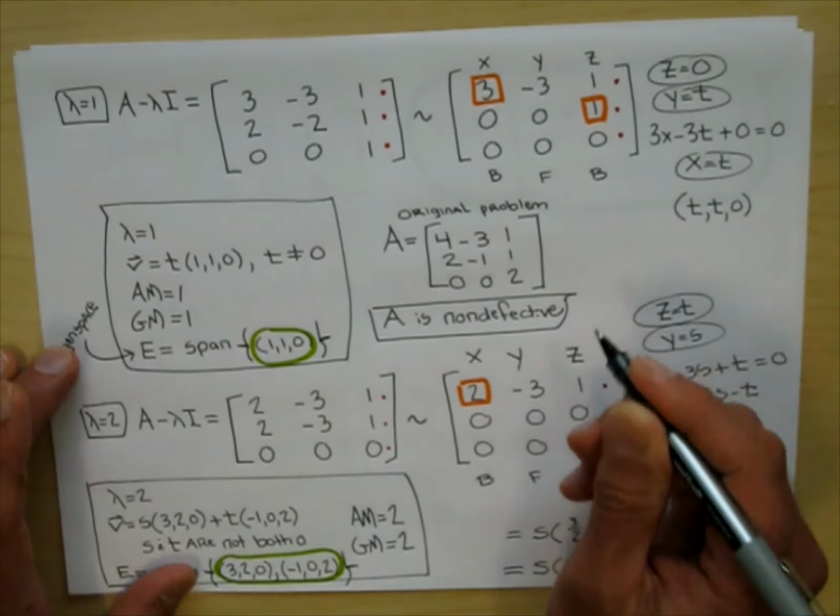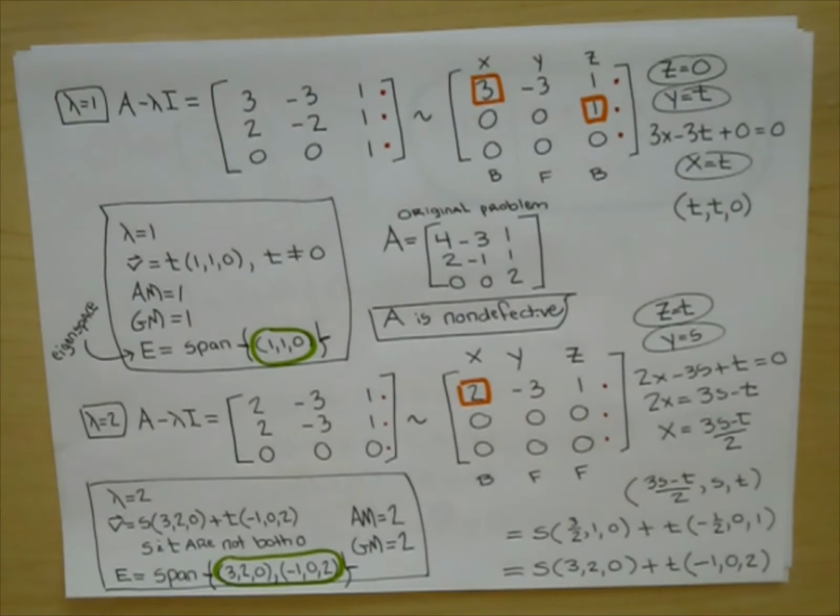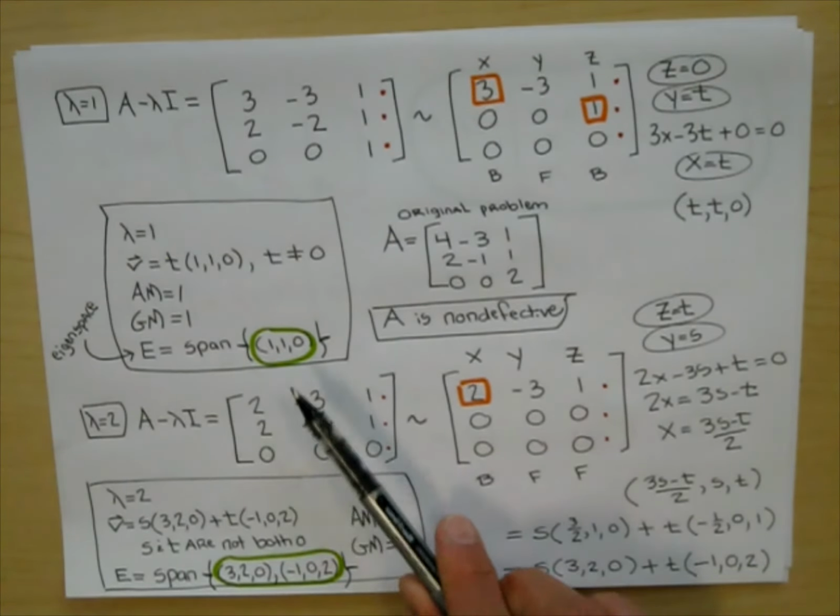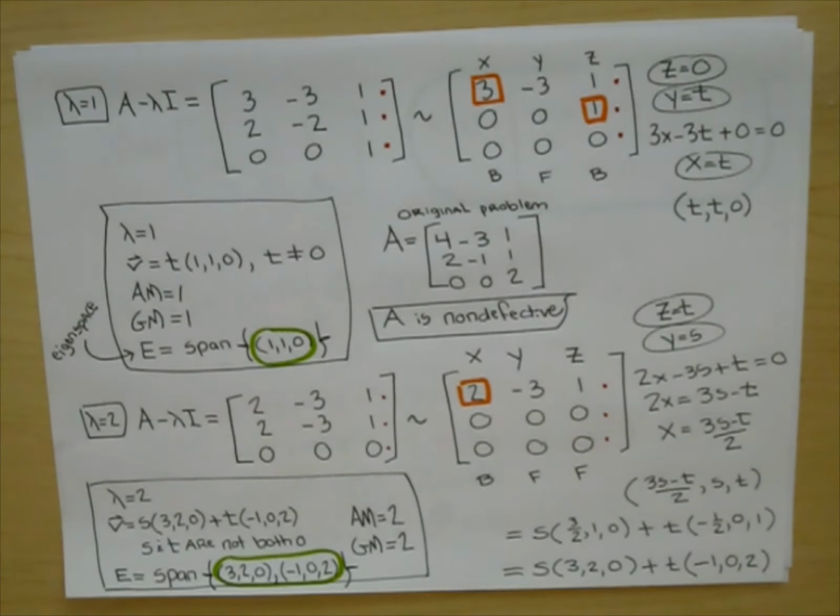So in 7.2 they'll be asking you if a square matrix is defective or non-defective. To answer that question, you've got to find eigenspaces or eigenvectors. So we have that there.